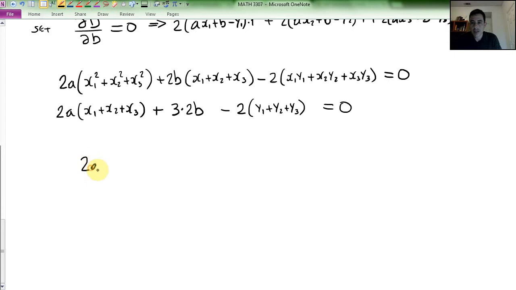We can rewrite the system in this format: summation from i from 1 to 3 of xi squared, right? That's what this is.